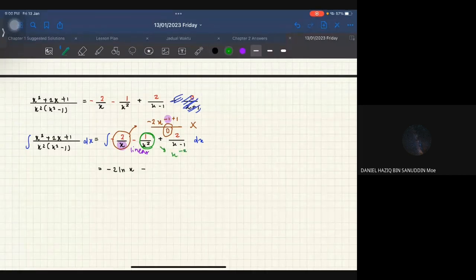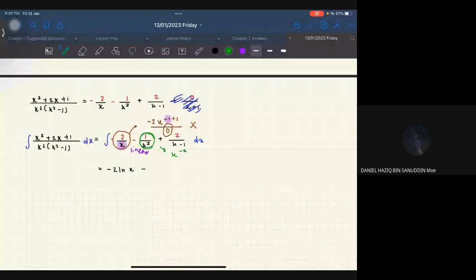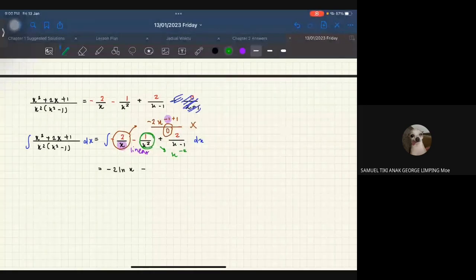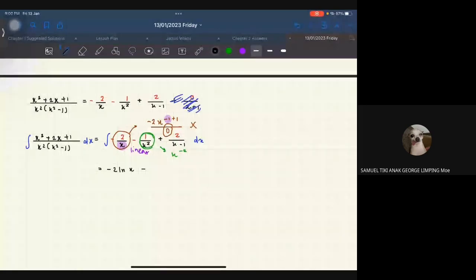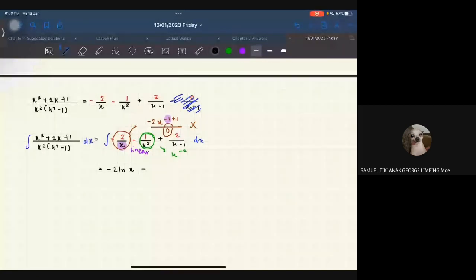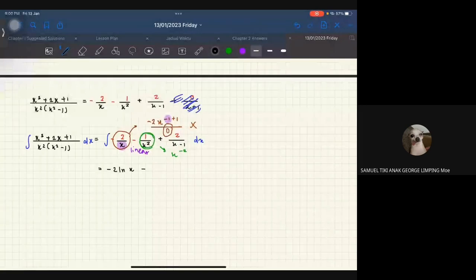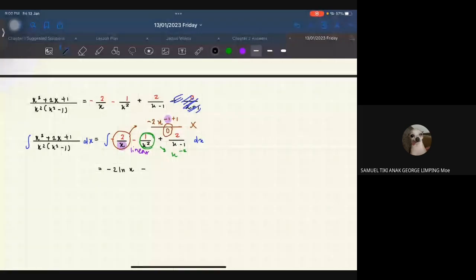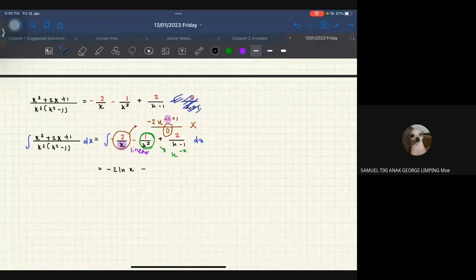So how to integrate x power of negative 2? Apa awak dapat? Ln x. Kenapa ln x? Sekarang dia negatif 2, dia bukan negatif 1. Be careful.